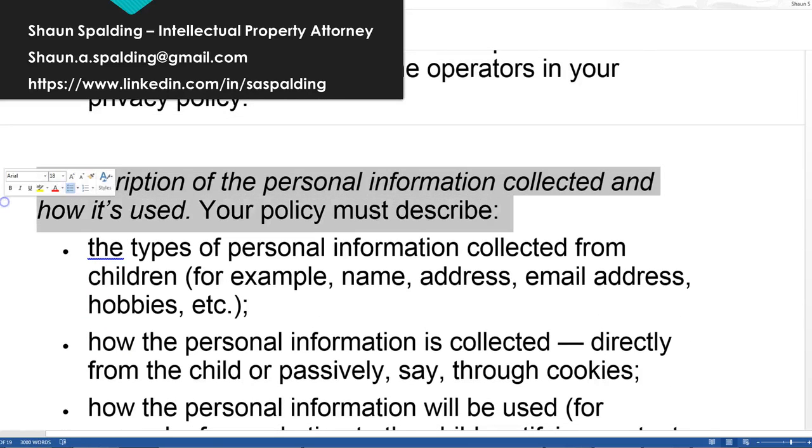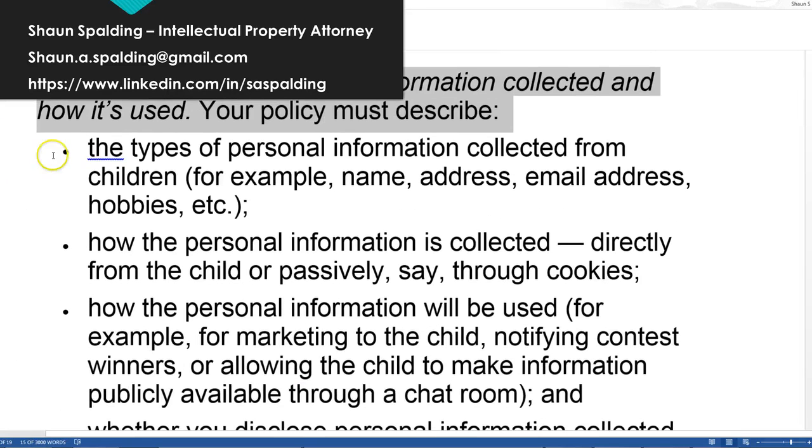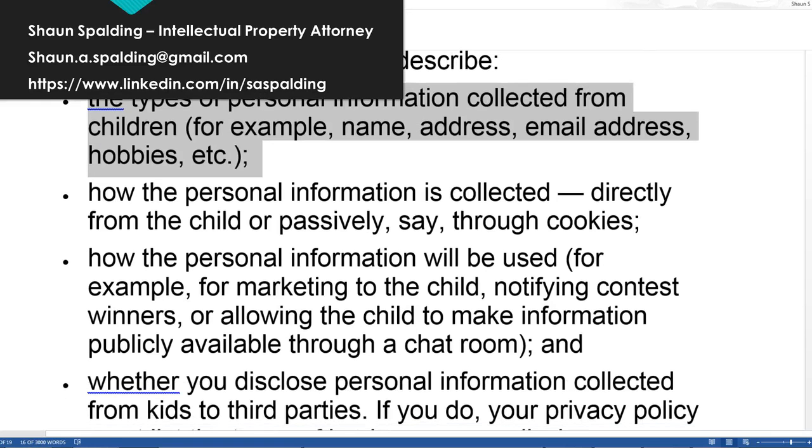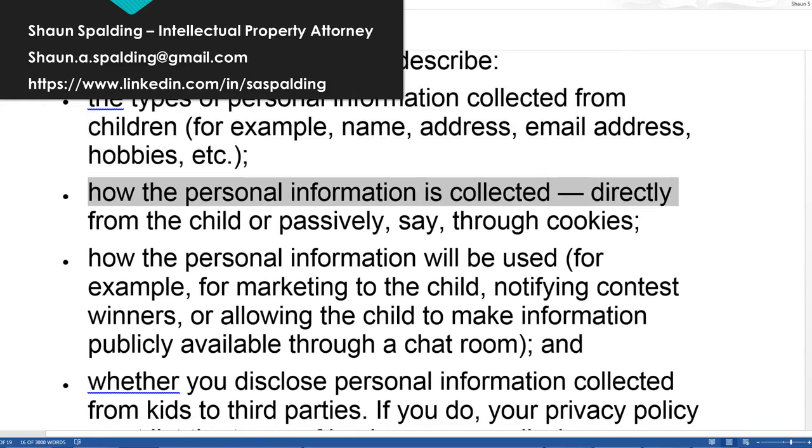The FTC would like a description of the personal information collected and how it's used. So your policy must describe the types of personal information collected from children, for example, name, address, email address, hobbies, etc., whatever you're collecting, how the personal information is collected. So is it directly from the child or passively through cookies?